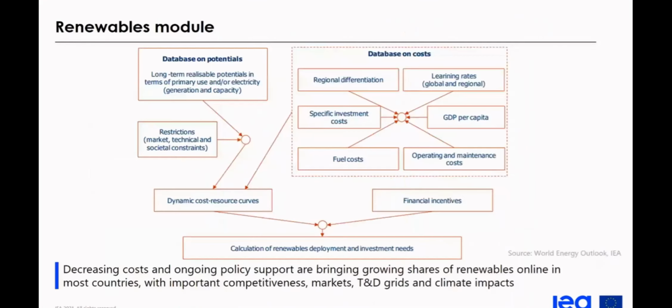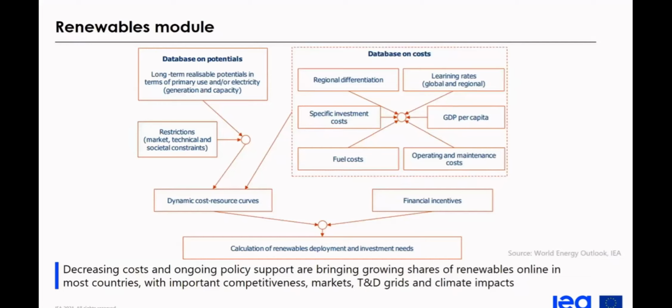When it comes to integrating renewables into the electricity mix, there is some modeling to be done as well, looking at the potential of renewable energies, solar PV, wind, etc., and looking at the cost as well. So this will enable us to calculate the deployment of renewable energy and to estimate the needs for investment.